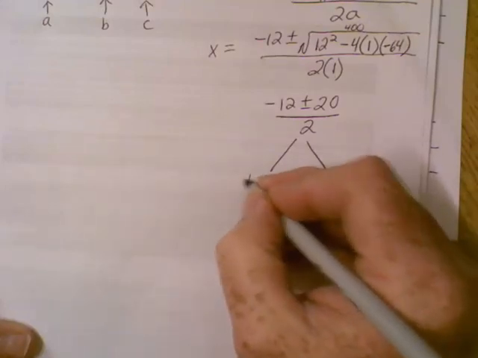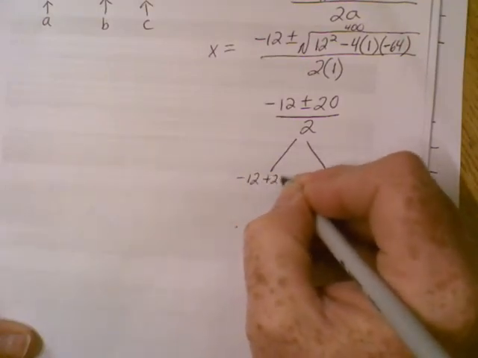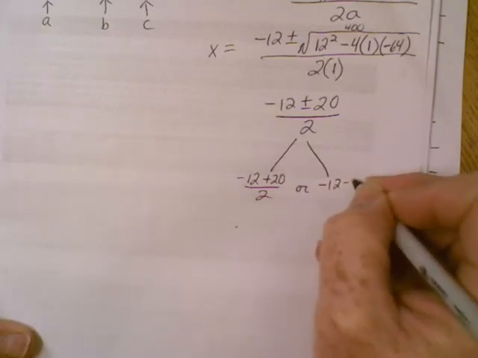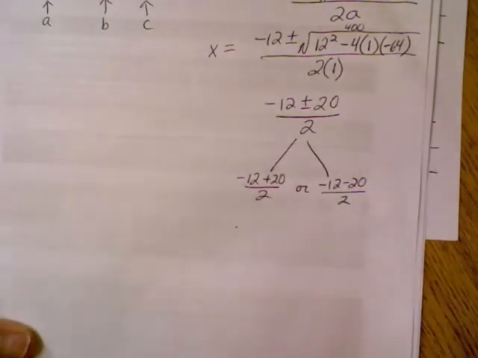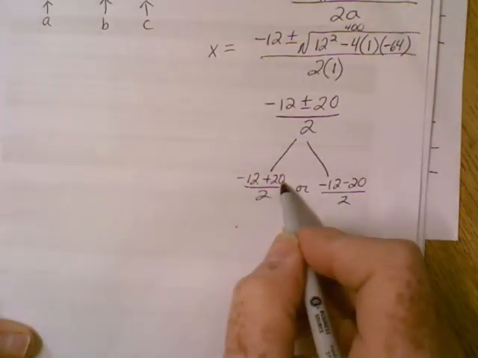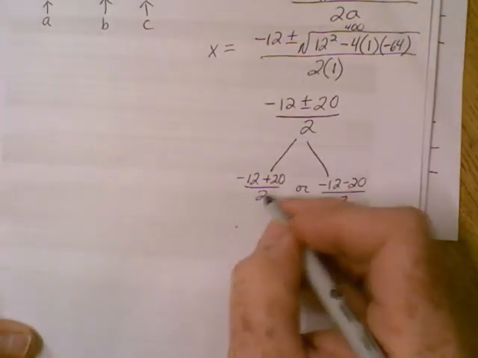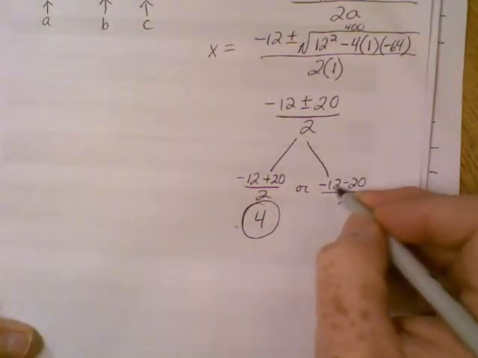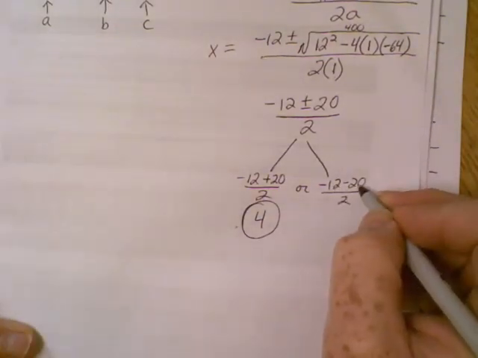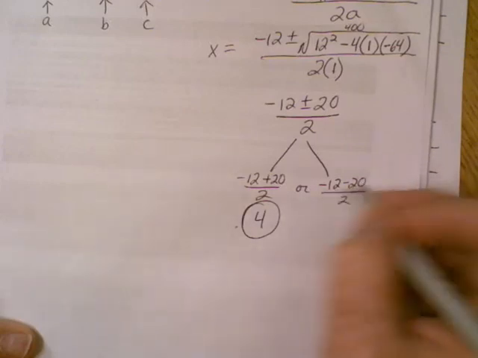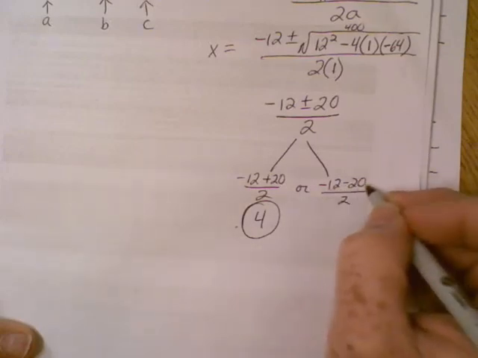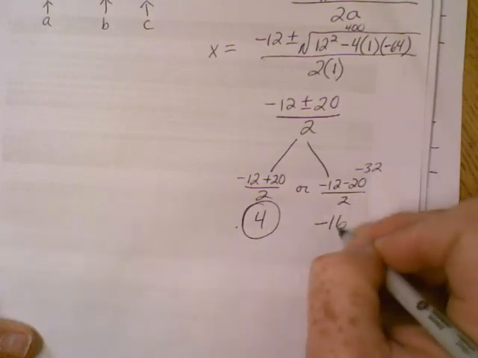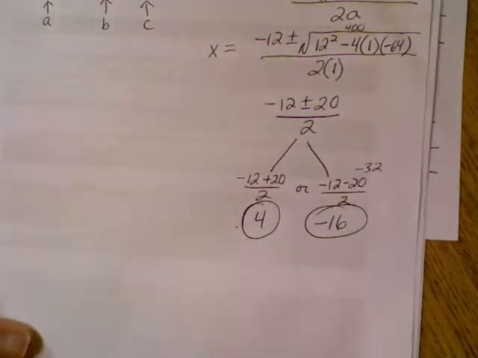So we got negative 12 plus 20 divided by 2, or negative 12 minus 20 divided by 2. Negative 12 plus 20 is 8. 8 divided by 2 is 4. So that's one of our possible answers. Negative 12 minus 20 is negative 32. Divided by 2 is negative 16. So those are our two answers.